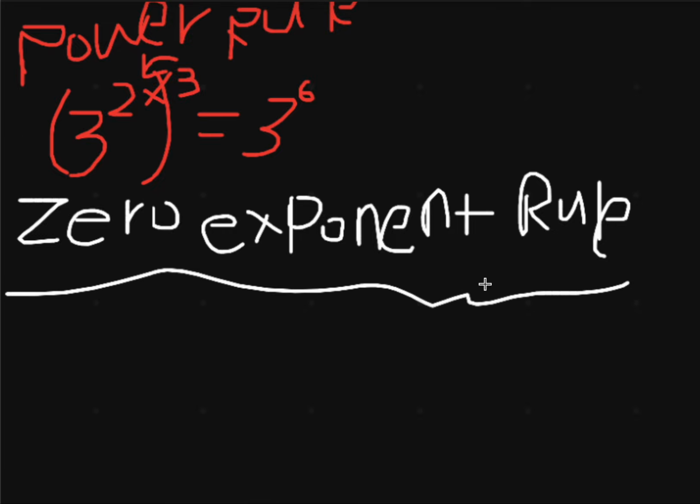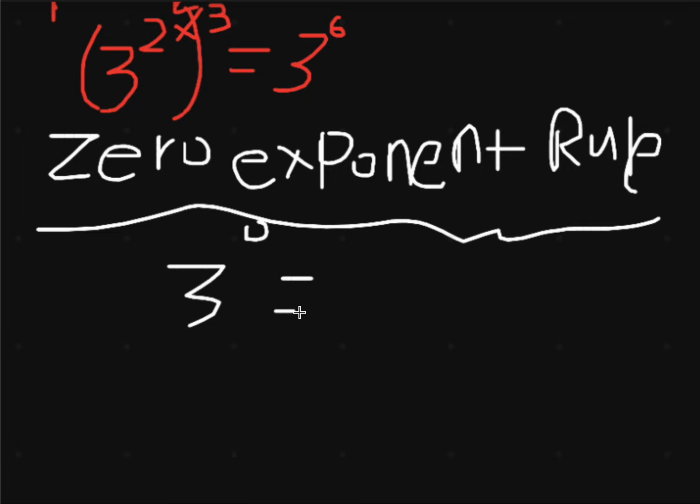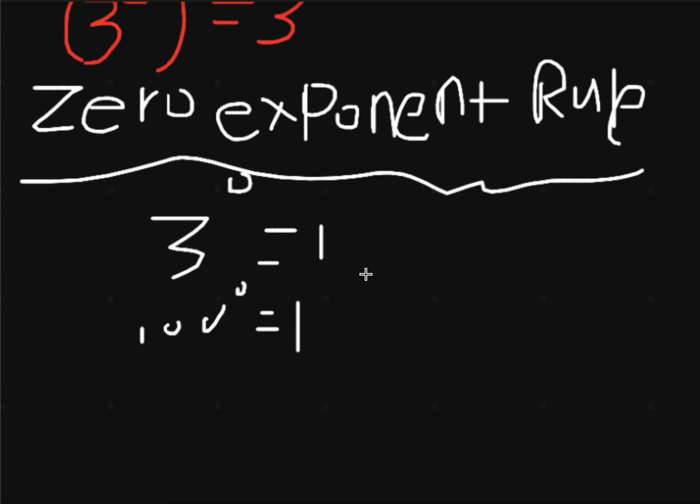This is really important. So yeah, here's a cool one. Anything raised to the power of 0 equals 1. 3 to the power of 0 is 1. Even 100 to the power of 0 is 1. But then, look. What's 0 to the power of 0?